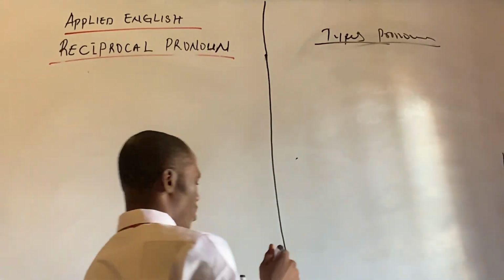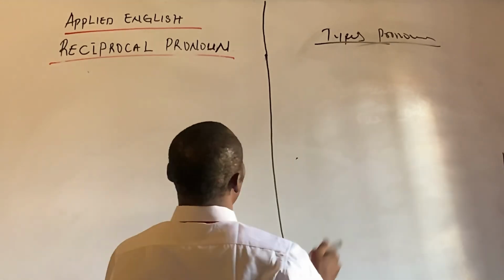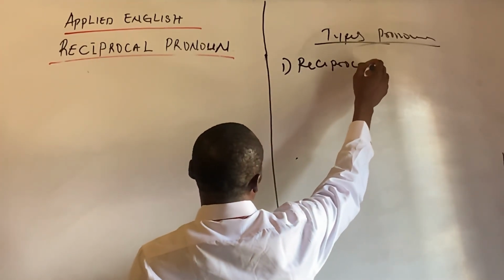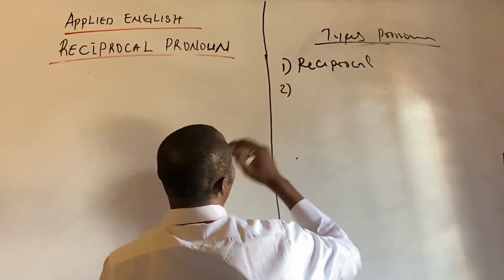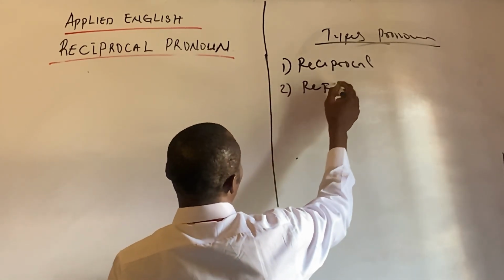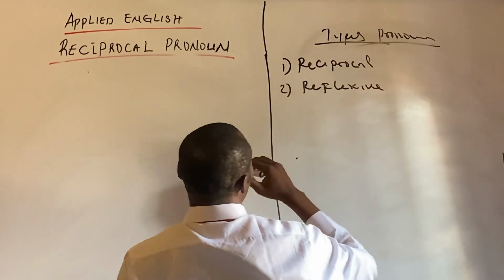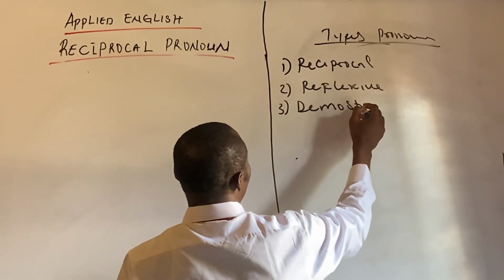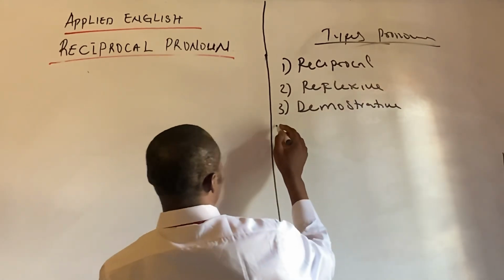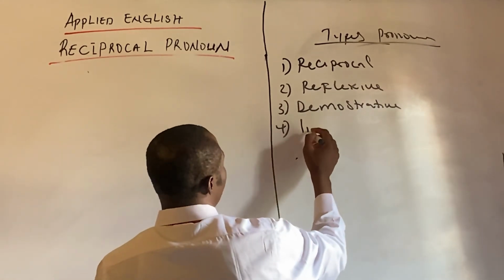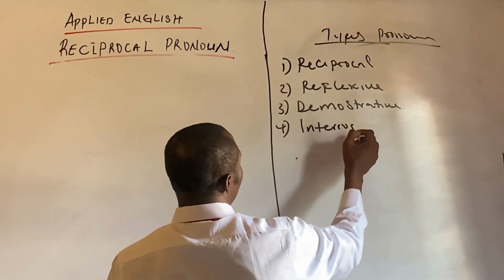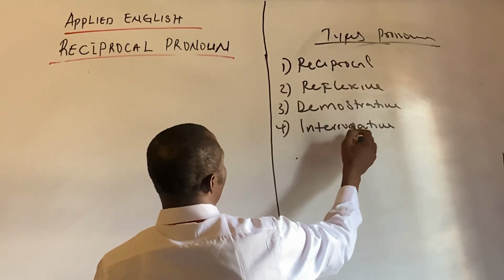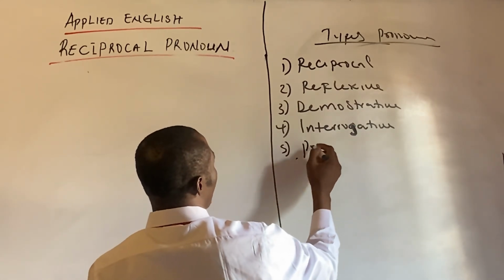The types of pronoun that we have: number one, the reciprocal pronoun. Number two, the reflexive pronoun. Number three, the demonstrative pronoun. Number four, the interrogative pronoun. Number five, the possessive pronoun.